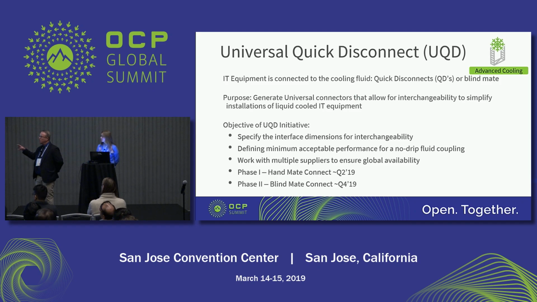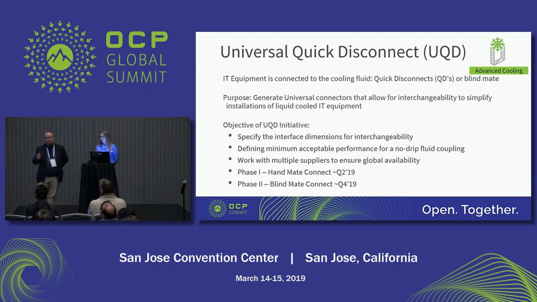We're working with 5 different suppliers and we're creating a universal spec. The universal spec will be contributed to OCP, and this spec will be what suppliers go by to develop this universal quick disconnect. The interface and the performance, what we've done is we created a minimum spec.